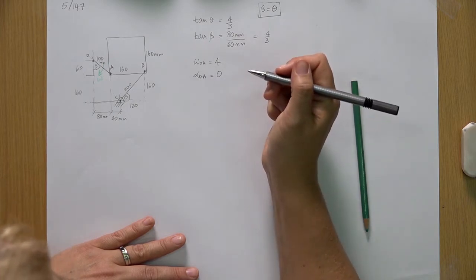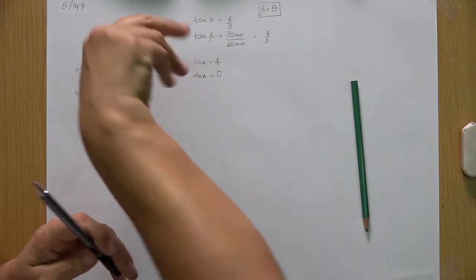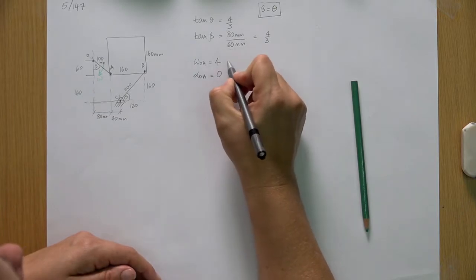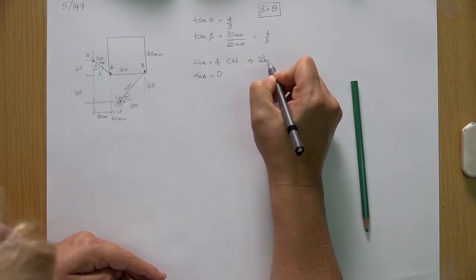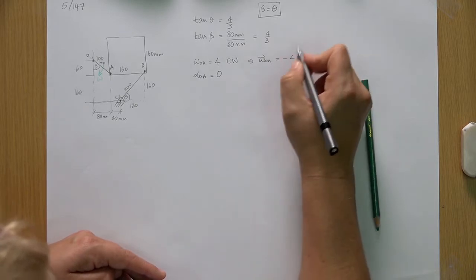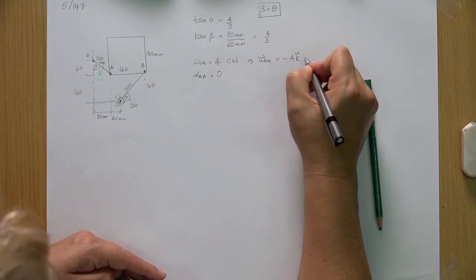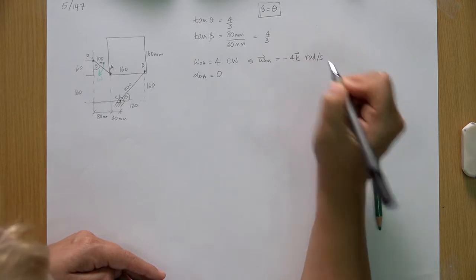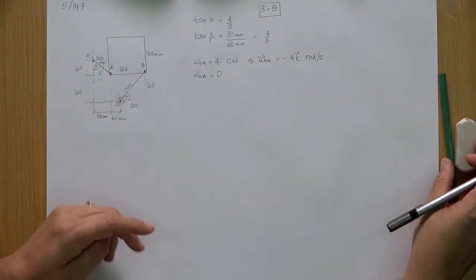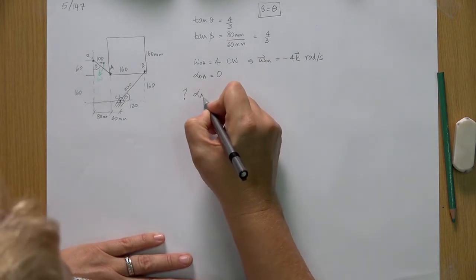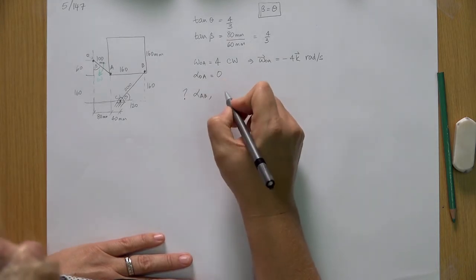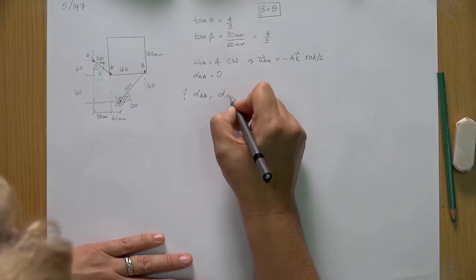Alpha OA equals 0. Which direction is it moving? It's moving clockwise. So if I write it as a vector, that's minus 4k radians per second. Okay, I am looking for alpha AB and alpha CB.